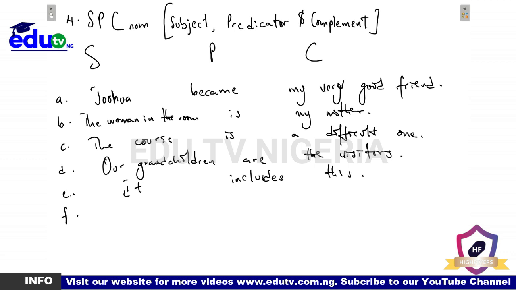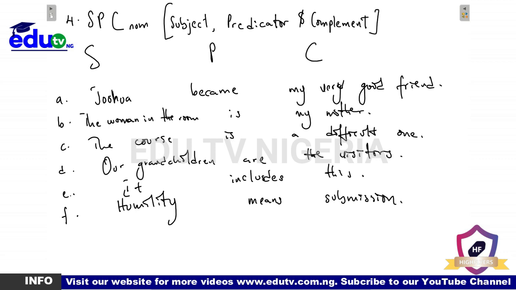Let's give it one more. F: humility means submission. Now, looking at all of these examples, and especially the last example, please trust me, don't take it literally. Don't take it as if we're actually saying that the meaning of humility actually means submission. No, according to this context, that's just it.